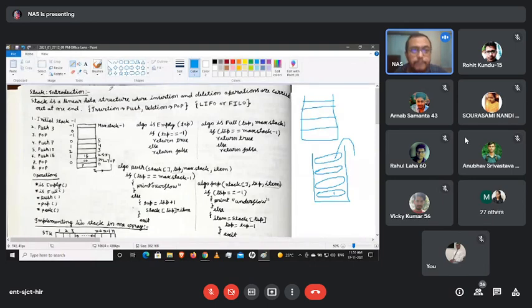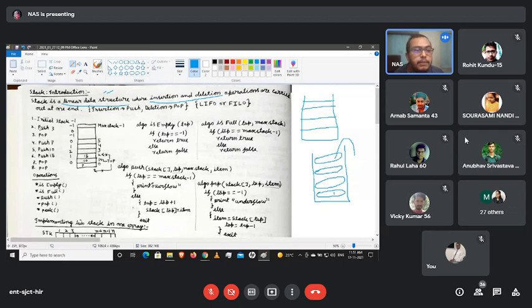So let's come here. Look at here, stack introduction. Stack is a linear data structure where insertion and deletion, meaning inserting elements and deleting elements, happen. In the case of stack, remember these two terms: push and pop.